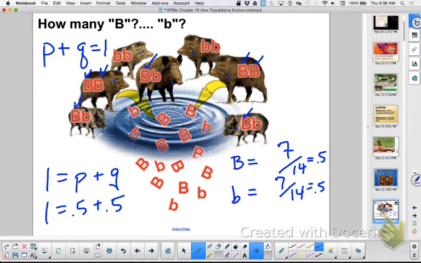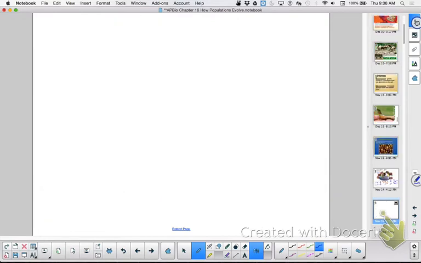The frequency of the P allele, the dominant allele, is 0.5. Then the frequency of the recessive allele is 0.5. If the frequency of the dominant allele is 0.7, then the frequency of the recessive allele would have to be what? 0.3.